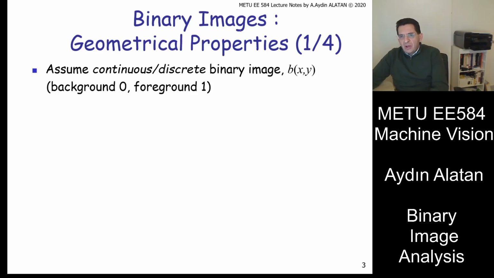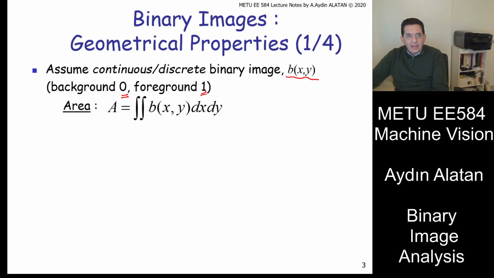Let's assume this is the continuous part, a binary image. Foreground is 1, background is 0, this binary image. This is continuous. If it is discrete, it will be maybe B_ij kind of. Now, the area, since it's continuous, is a double integral. Therefore, please note if you take this integral for the foreground areas when it is 1, that will be nothing but your area over here.